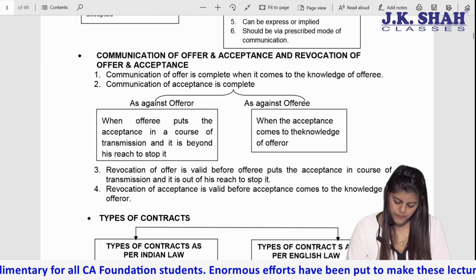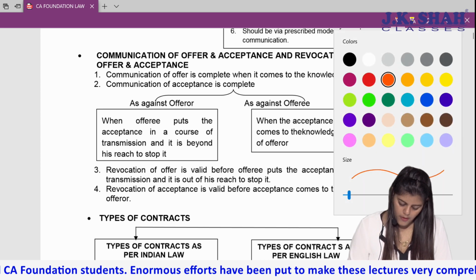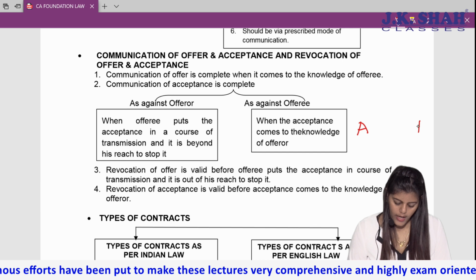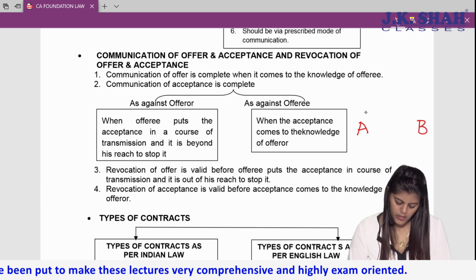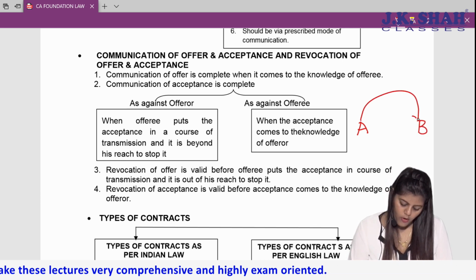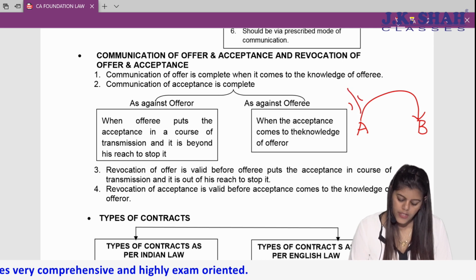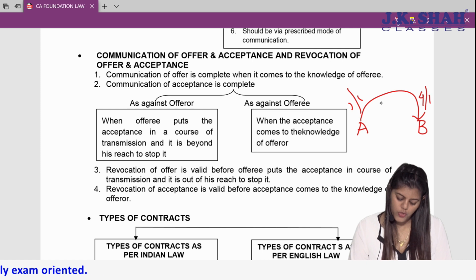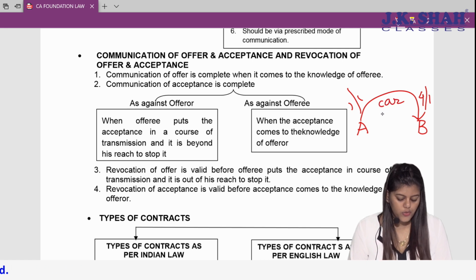So first, let's keep it simple. A and B. On 1st Jan, A posted a letter of offer, which reached B on 4th Jan, that he wants to sell his car for 5 lakhs.